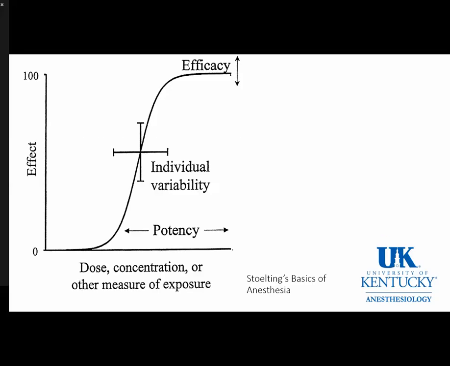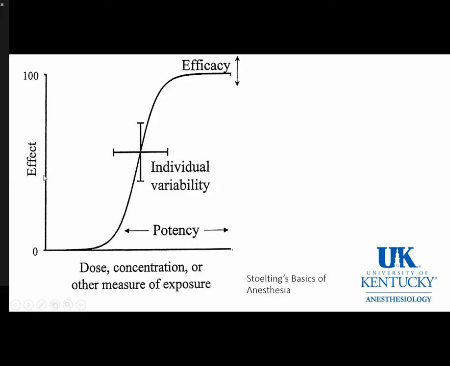So here is a log dose response curve. Typically for a log dose response curve, the scale on the x-axis is logarithmic, whereas the y-axis is linear. And that allows one to get a sigmoid curve with the bottom asymptotically approaching the x-axis and the top also asymptotically approaching the maximal effect.